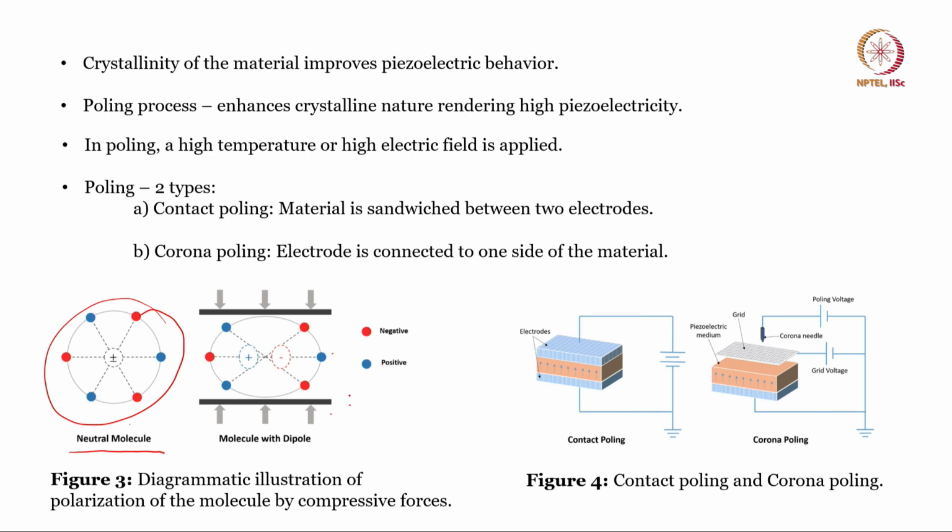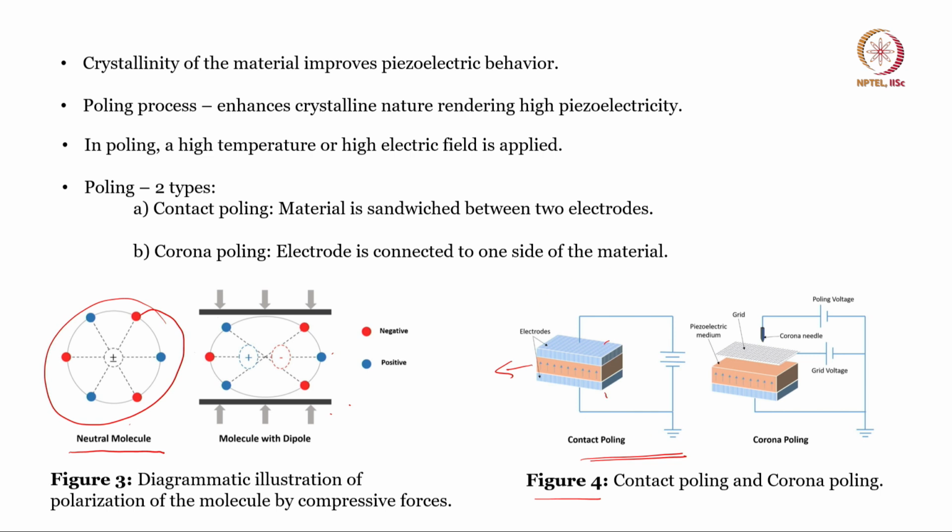In this poling process, we can see two different types of poling. One is contact poling and the other is corona poling. In contact poling, as given here in figure 4, the bulk piezoelectric material is sandwiched between two electrodes, and we apply the current on the material.